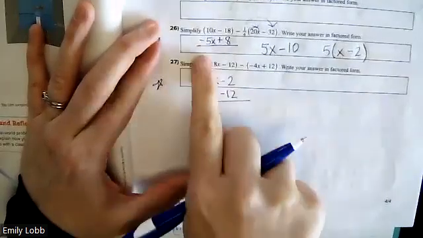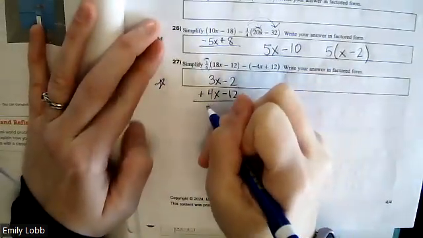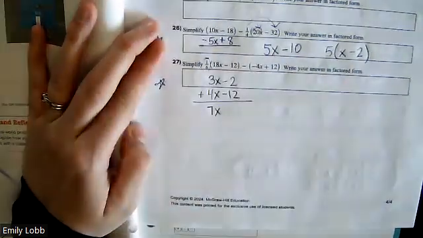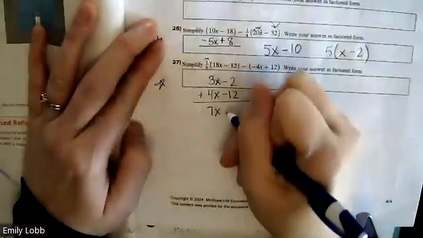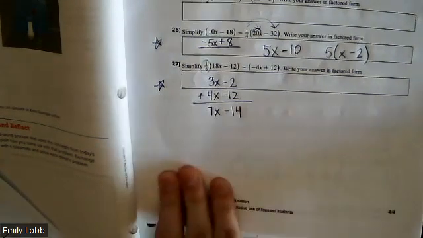Now I've got things lined up and this should be simple. 3x plus 4x is? Don't forget your x. And negative 2 minus 12 is? Negative 14.